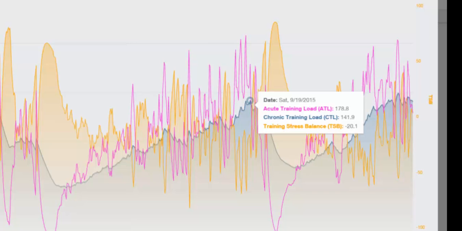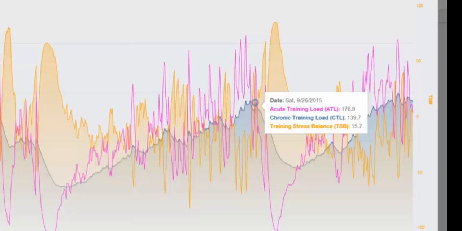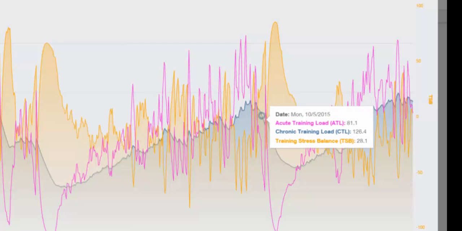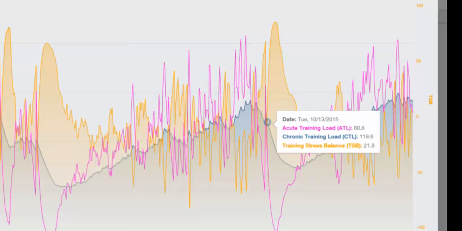And the biggest amount of short-term fatigue that she accumulated was 208 points. But as she started getting close to Kona, she started tapering, as you can see here. The model automatically assumes that you're losing fitness right away, which doesn't work that way, but that's how the mathematical model works.